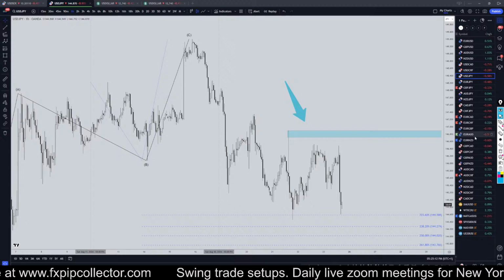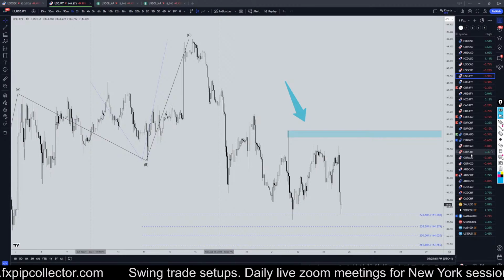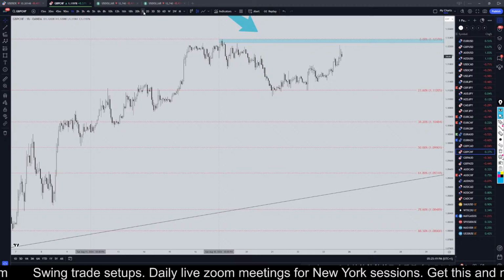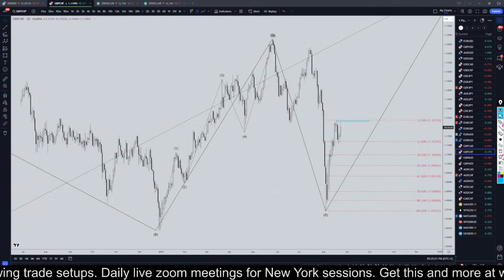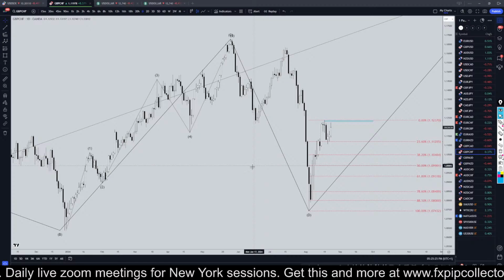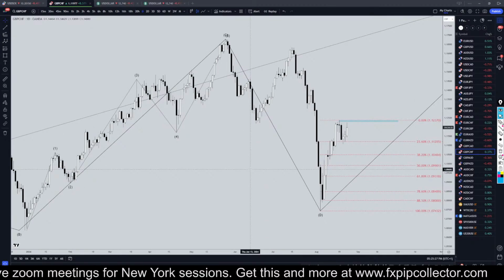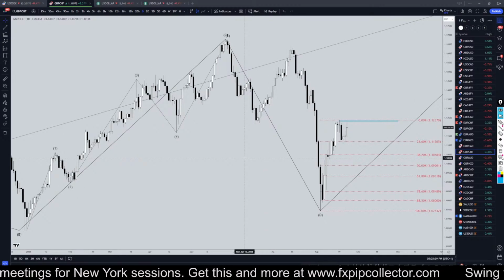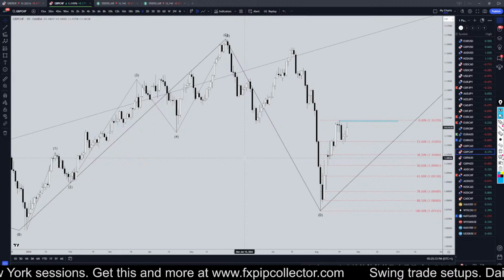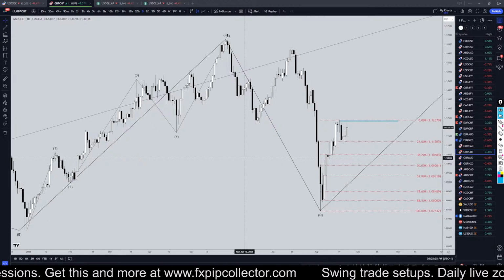So anyways, let's check out the pound Swiss. Honestly, the yen pairs and the Swiss pairs have been extremely, extremely slow lately, but August is normally the slowest month of the year because pretty much everybody is on vacation this time of year. But honestly, the dollar pairs have been awesome this month, really.